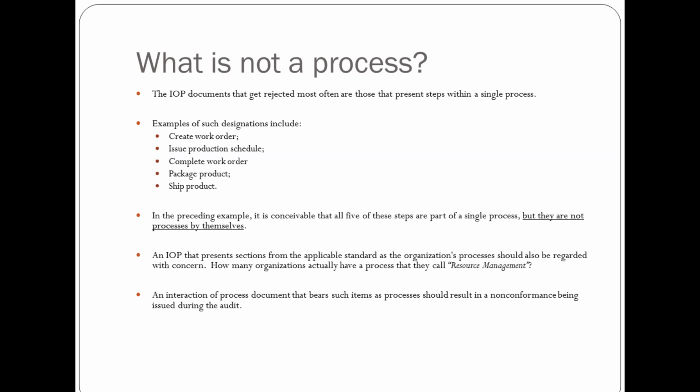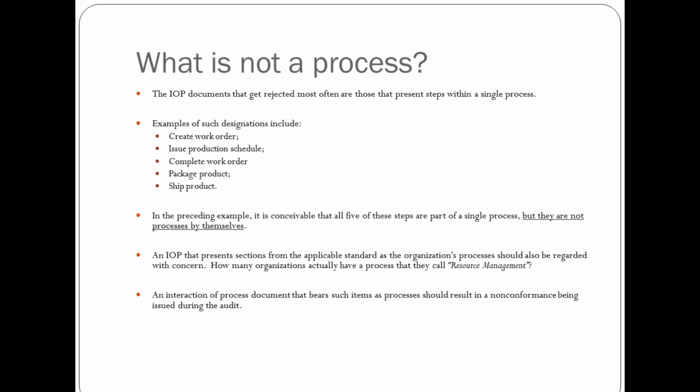That's going to potentially be rejected and be cause for a nonconformance. We've given an example here. If we have steps like create work order, issue production schedule, complete work order, package product, ship product, it's conceivable that these items are part of a single process, but they are very likely not standalone processes by themselves.